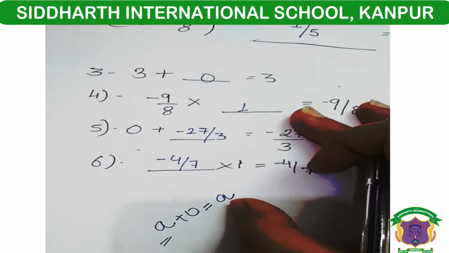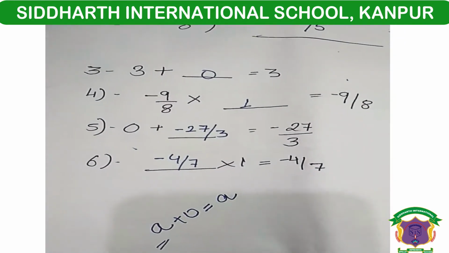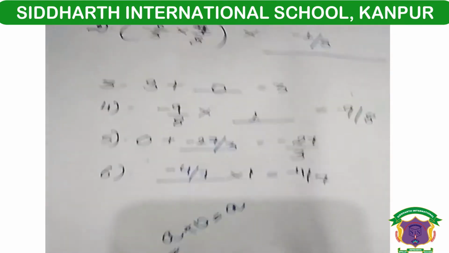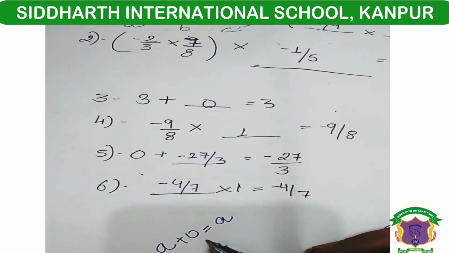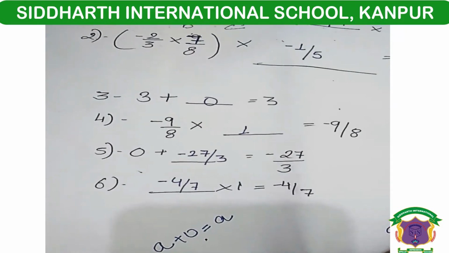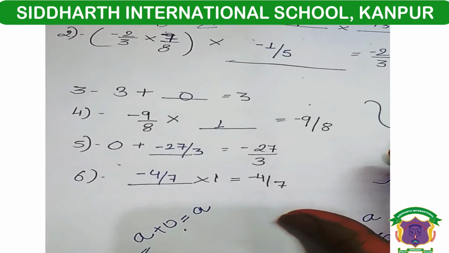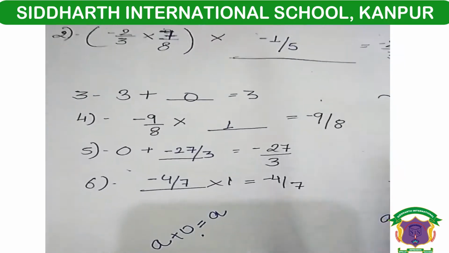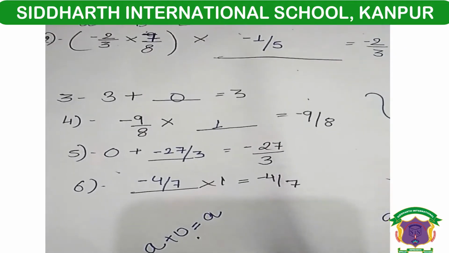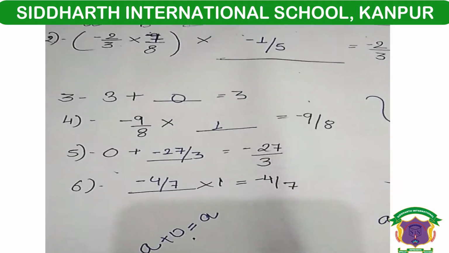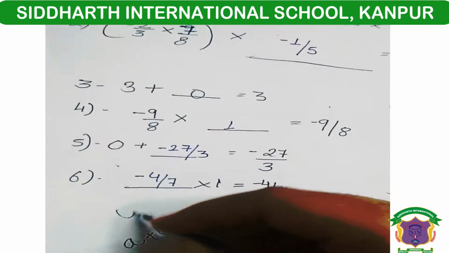So this was your property of 0. I told you children, this property you can apply to any type of number, natural numbers or your whole numbers or your integers, and most importantly children, right now you'll see in the examples we can apply it on our rational numbers.